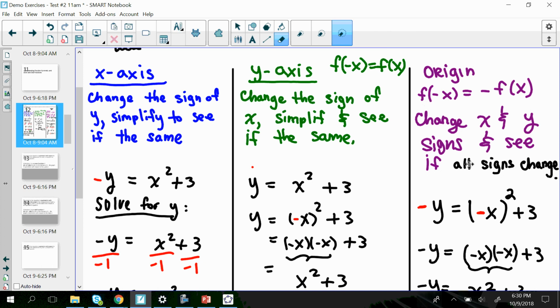But when you're just doing it from the perspective of an equation with origin symmetry, you would actually change x and y signs, both of them, and see if you get the same results. So I'm just going to fix that.